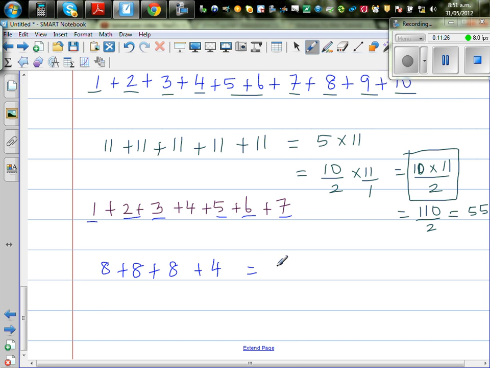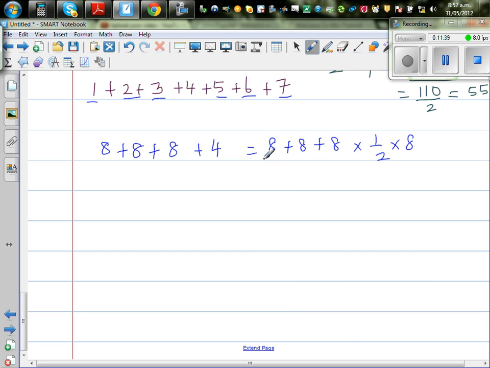So this is 3 lots of 8 and half a lot of 8, which is 3.5 times 8. 3.5 is how many halves? 7 halves is 3.5 times 8. So can you see again a pattern is developing, which is 7 times 8 over 2.